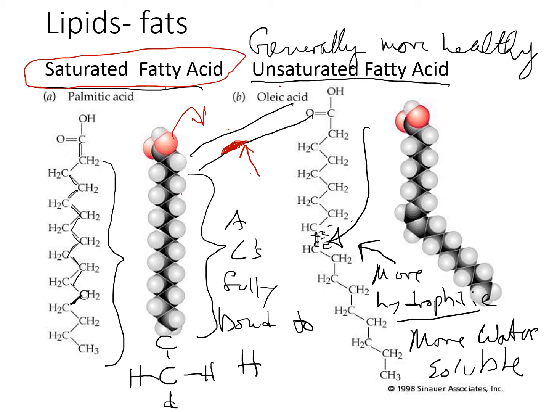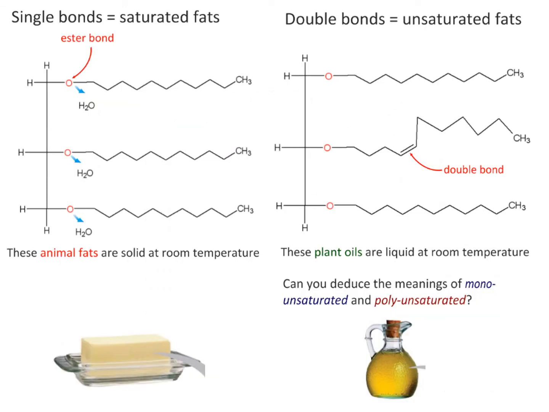Okay, so anyway, unsaturated fatty acids are more water soluble. That's good. Here we can see a side note on that. When we have double bonds, unsaturated fats, they tend to be liquid at room temperature.